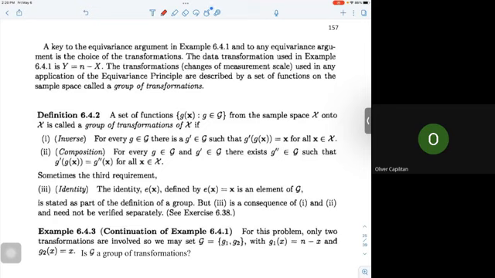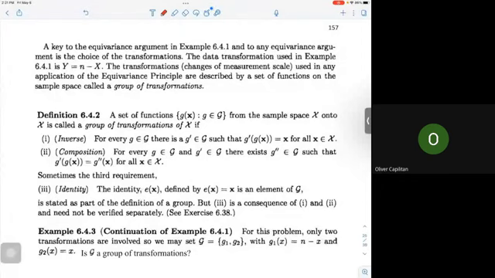The transformations, or changes of measurement scale, used in any application of the equivariance principle are described by a set of functions on a sample space called the group of transformations. So we have a group of transformations that we are going to use when we apply the equivariance principle.